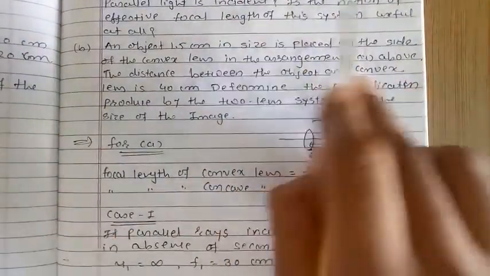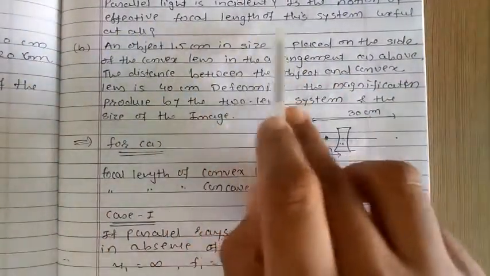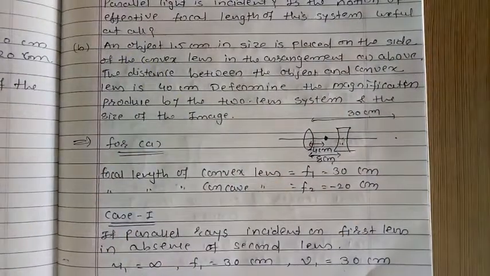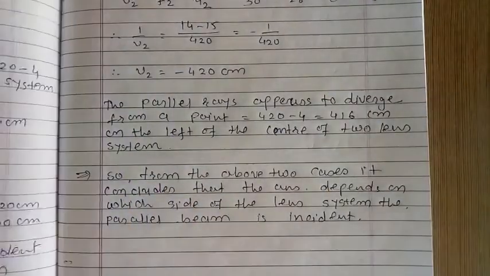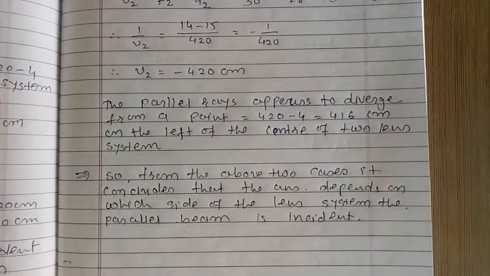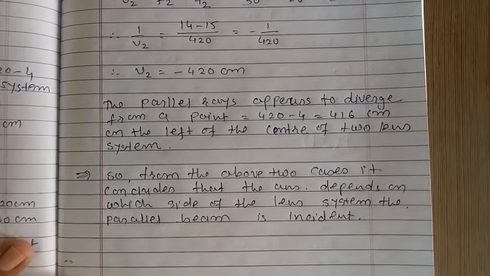Now again we have to answer this question: is the notion of the effective focal length of this system useful? Here in case 1 and 2 we never use the effective focal length, so we can say that the notion of effective focal length doesn't seem to be useful here.